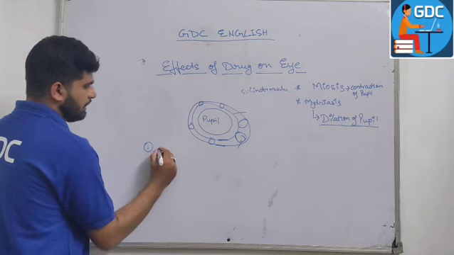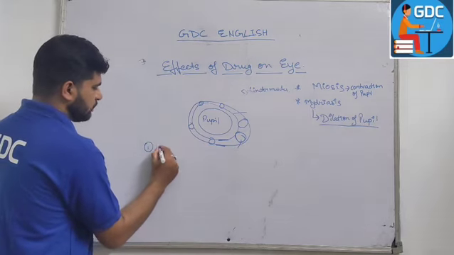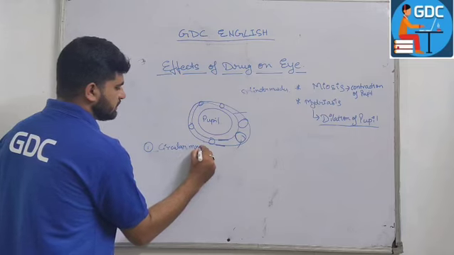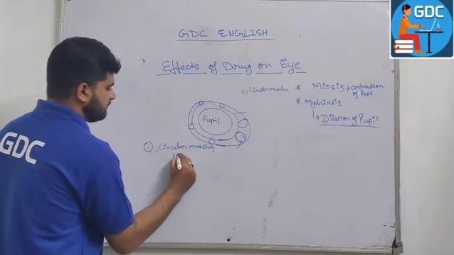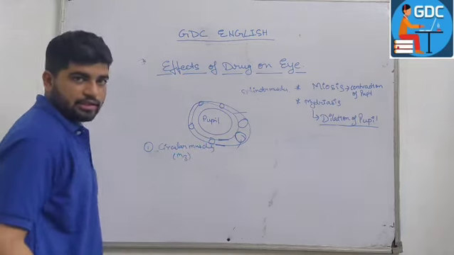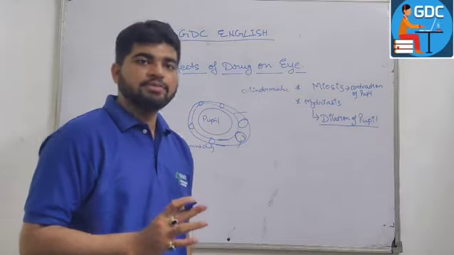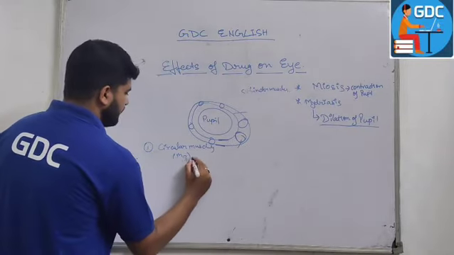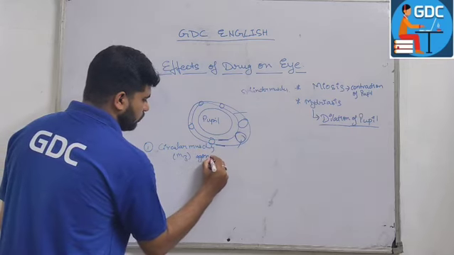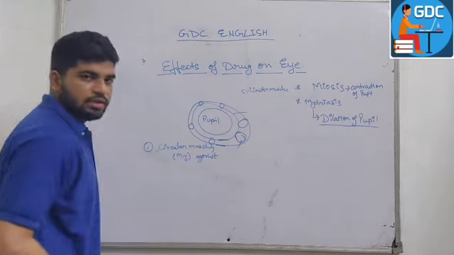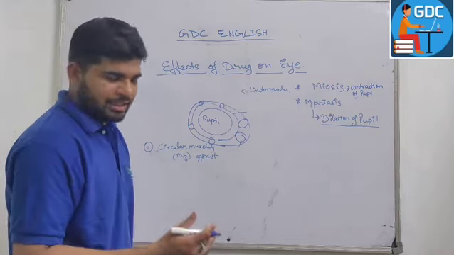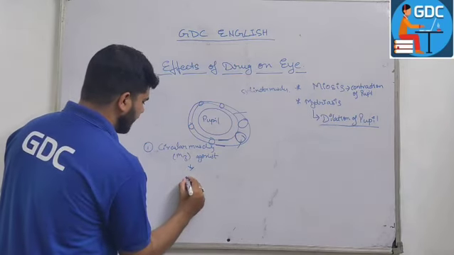The first condition is on the circular muscles, right? Circular muscles have M3 connectivity. So let's give an M3 agonist. What will this M3 agonist do? It will activate the M3 receptor and will lead to a contraction.